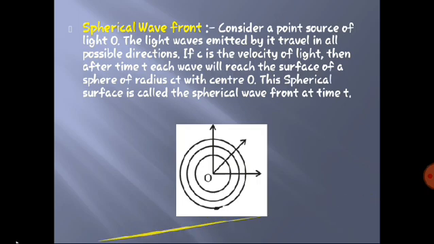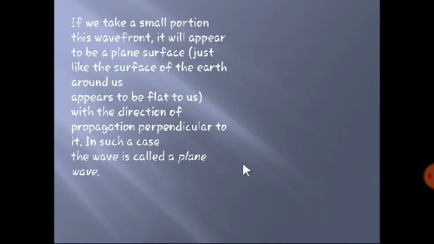Let's move towards another type of wavefront, which is the plane wavefront. Before that, I want to tell you that when we go away from a spherical wavefront, it will look like a plane surface. Like the example of the earth: the earth is actually spherical in nature, but if we take one part of it, it will be a plane surface.